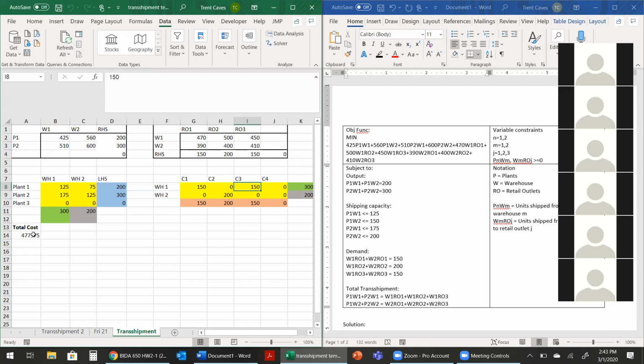Our total cost with this solution, $477,375. Did everybody see how we came up with that solution?